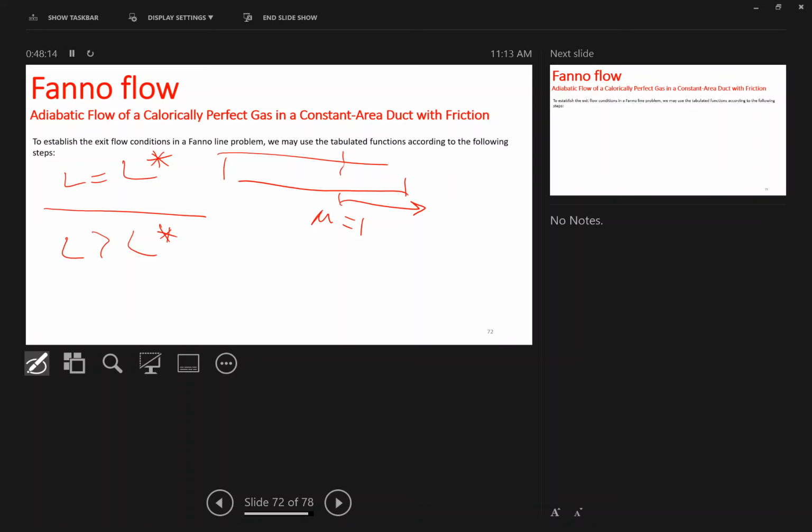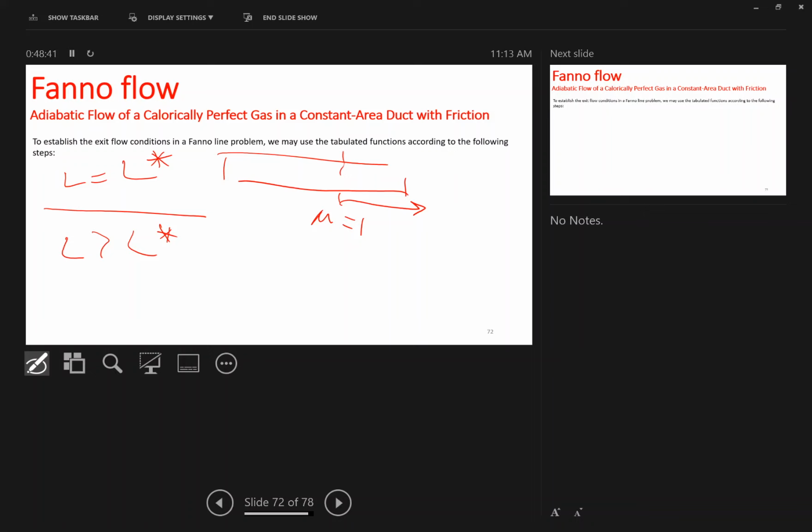We are talking about inlet subsonic. Then there will be backflow and spillage, right? So what does it mean for pressure and temperature? It is going to mean that your pressure and temperature will increase, right?